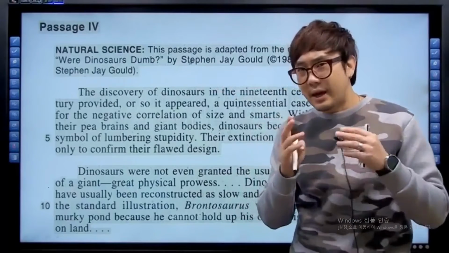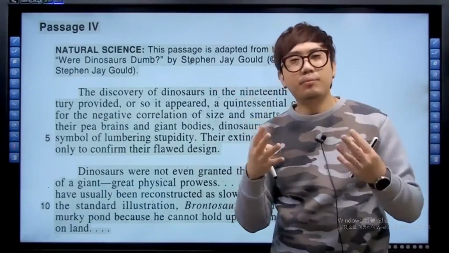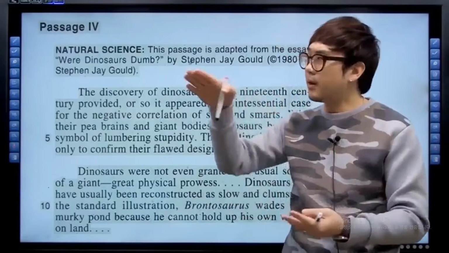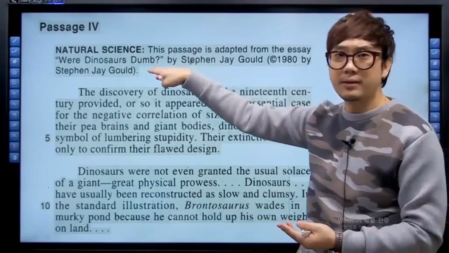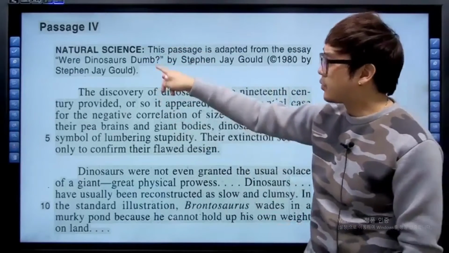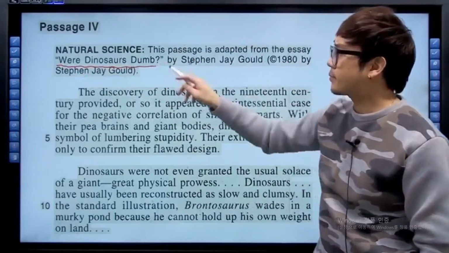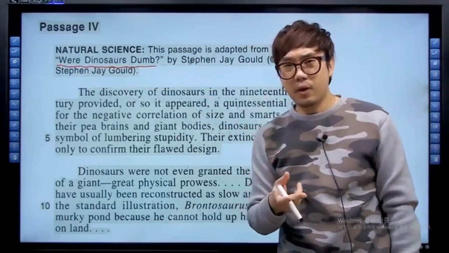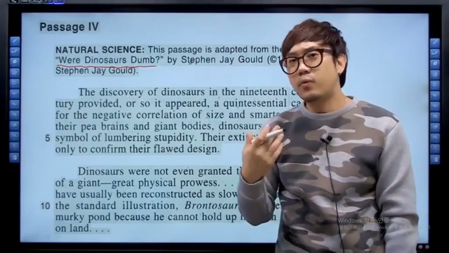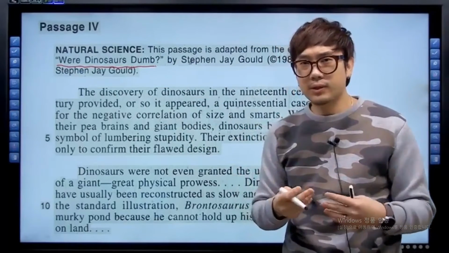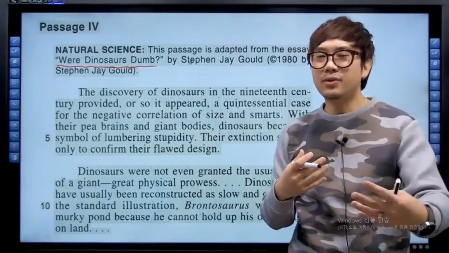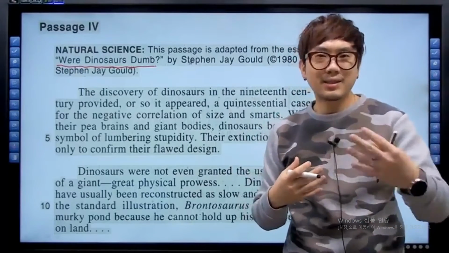Now, like I said, you can pick up pretty much from within the description of the passage. The description already tells you, were dinosaurs dumb? Usually when you ask that question, it's a rhetorical question that already answers the question that it asks itself.